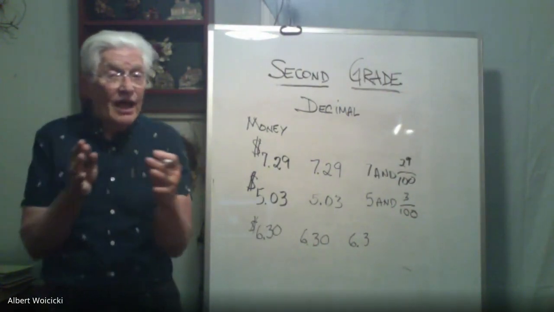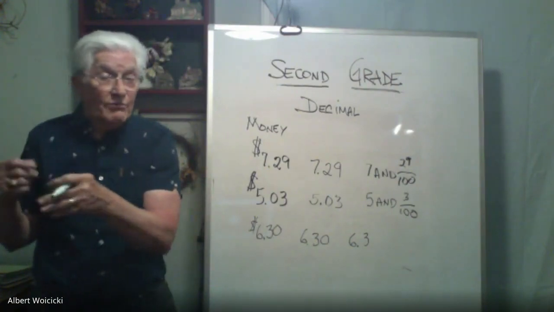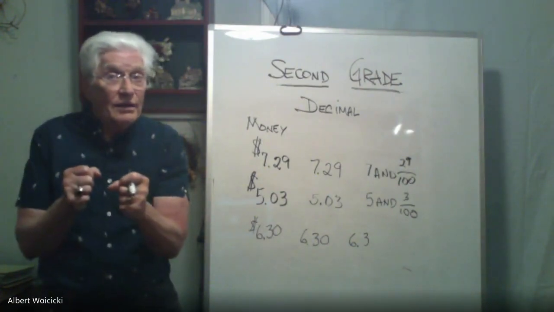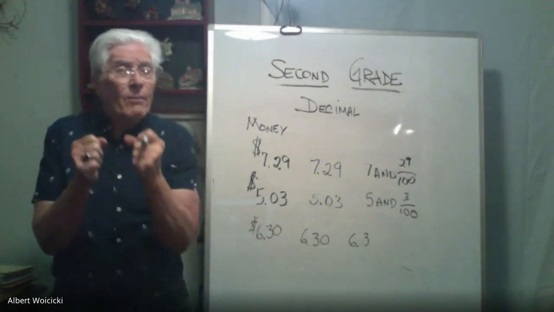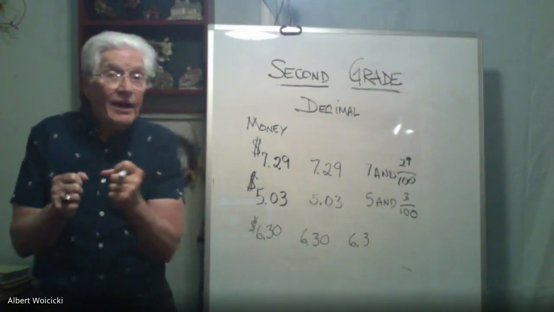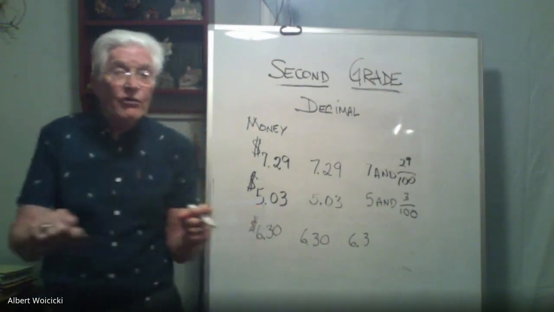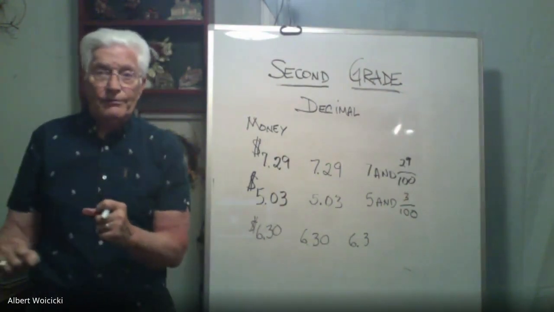Again, we haven't had reducing of fractions. We haven't had a lot of stuff that may get them there. But what you're doing is introducing something correctly, placing it into their heads correctly. And hopefully when it gets to third grade, they're going to go, oh, I see that. Boom. And they're off to the races.